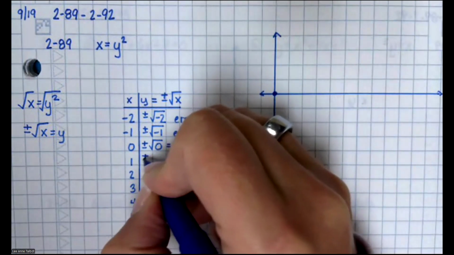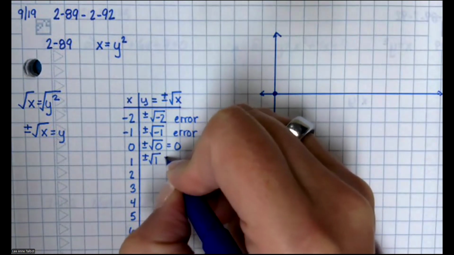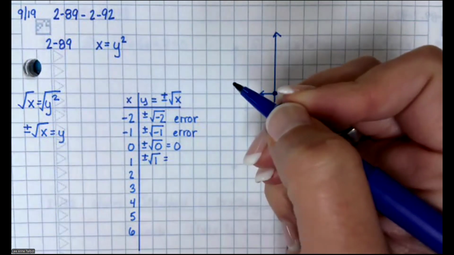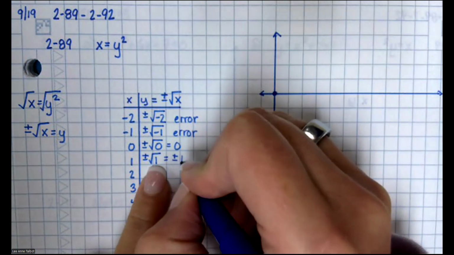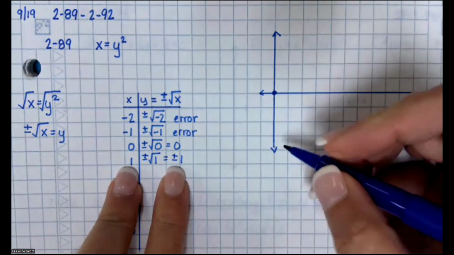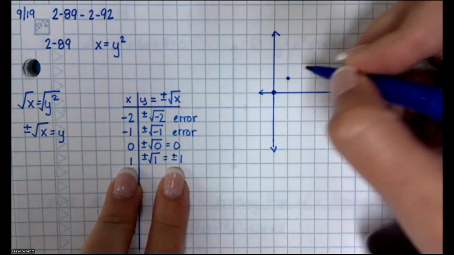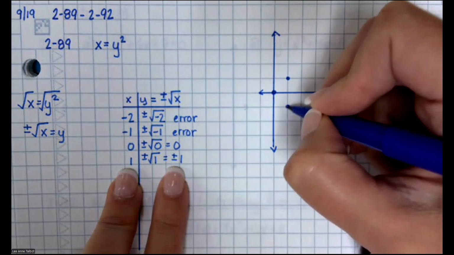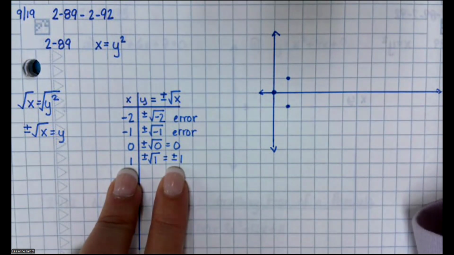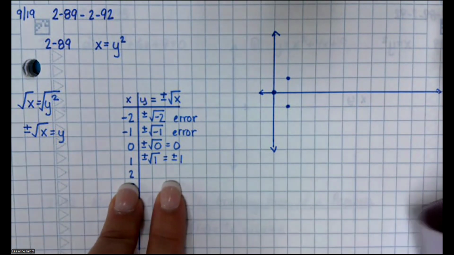Okay, plus or minus the square root of what? What's the square root of 1? So plus or minus 1. Okay, so you need to put a coordinate at 1, +1, and another coordinate at 1, -1.